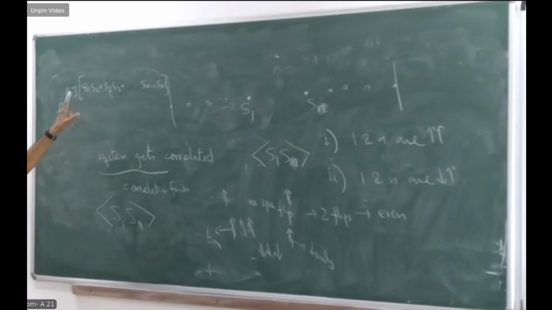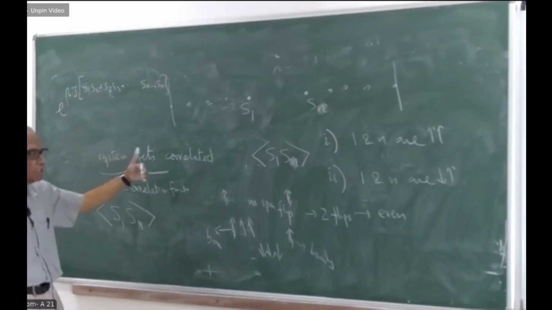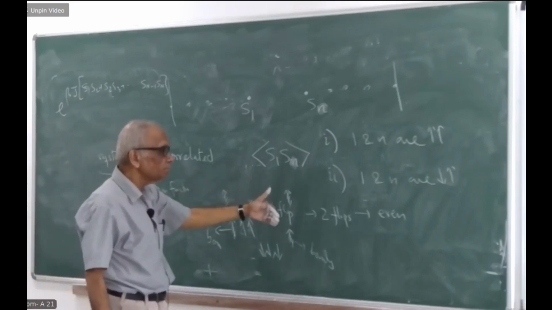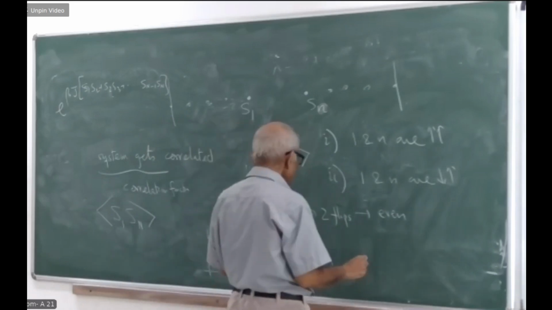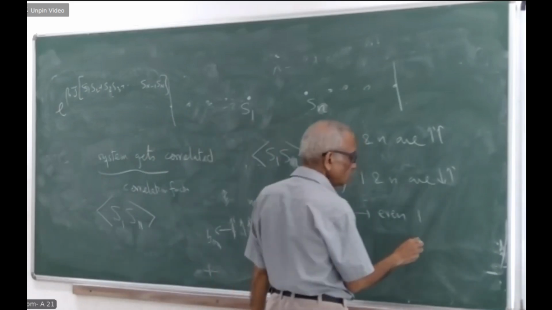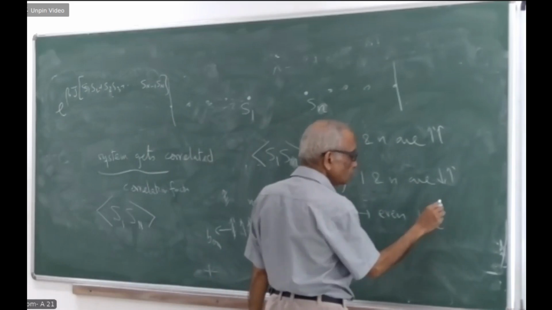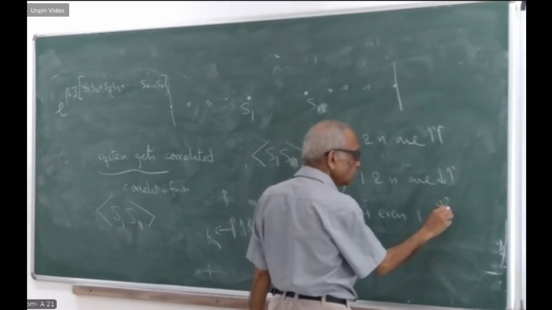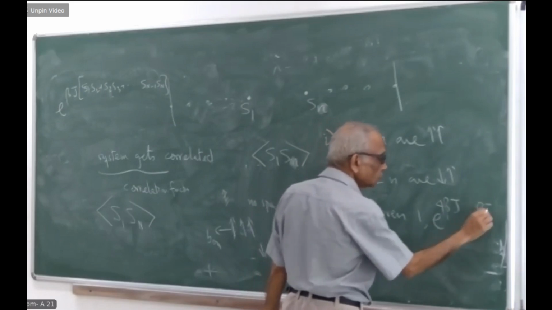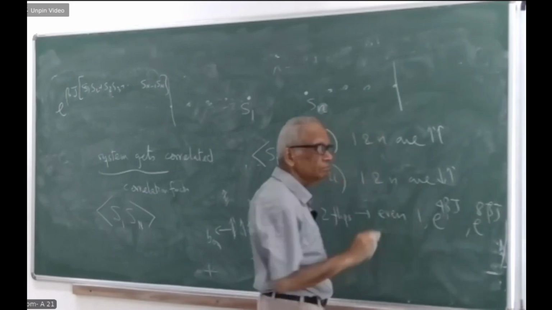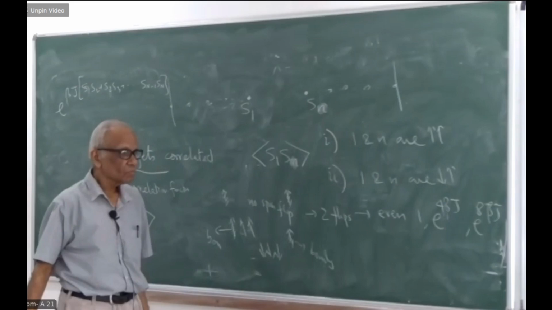So the energies that you are picking up, if it's an even number of flips, then it is 1, then it is e to the power 4 beta J, then it is 8 beta J, and so on. Right?